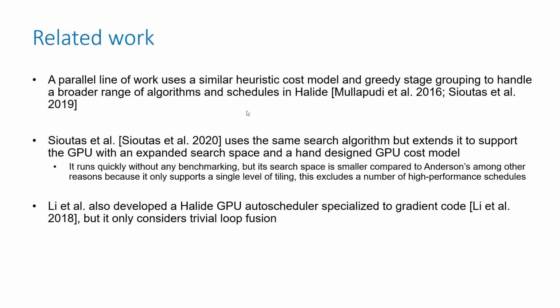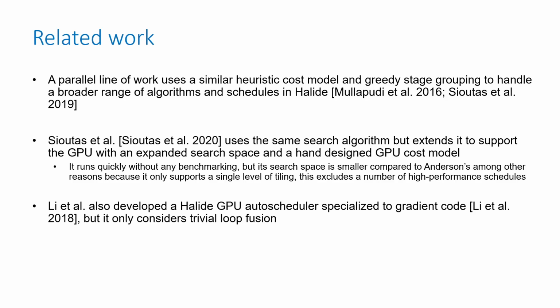Other Halide autoschedulers include the 2016 Mullapudi and Sioutas, and they basically use a similar heuristic cost model and greedy stage grouping. Sioutas use the same search algorithm, I guess, as Mullapudi, according to this, but they don't consider the whole search space that Anderson is doing because of the techniques mentioned in this paper, I guess.